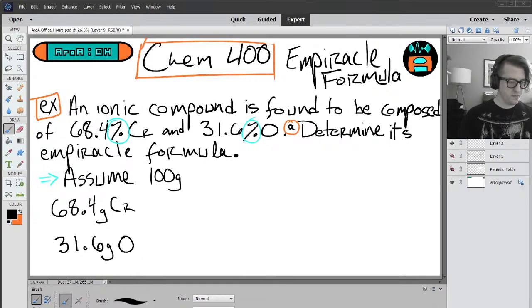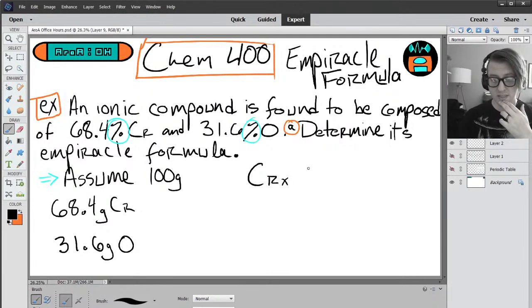Now that we have starting masses for chromium and oxygen, the next step is to move to moles, because we're trying to find the empirical formula, which is going to be Cr with an X subscript. We don't know what that subscript is.